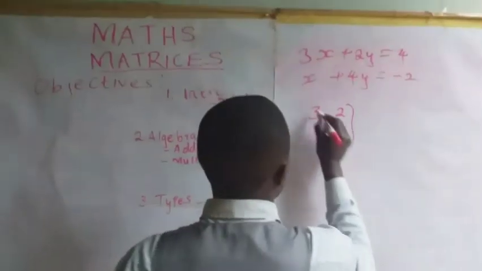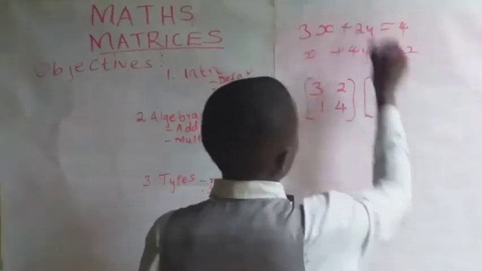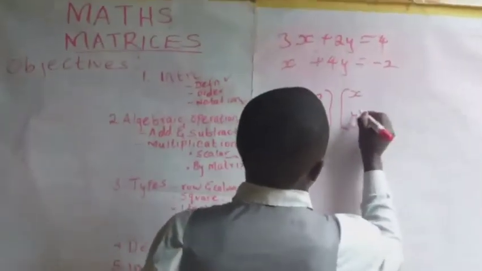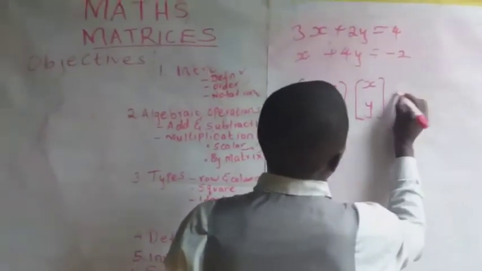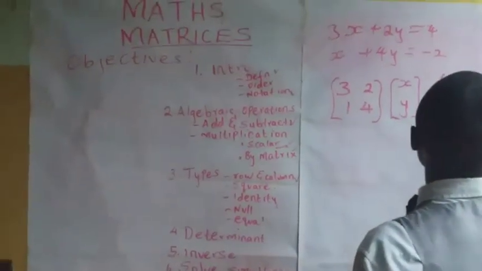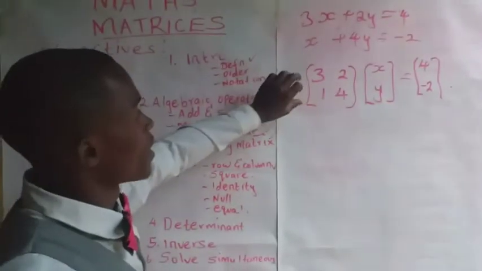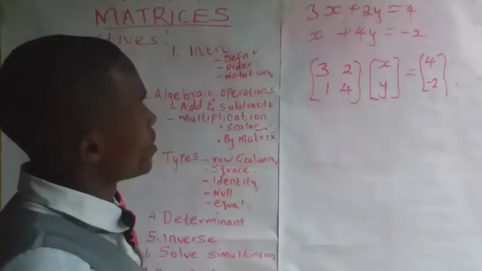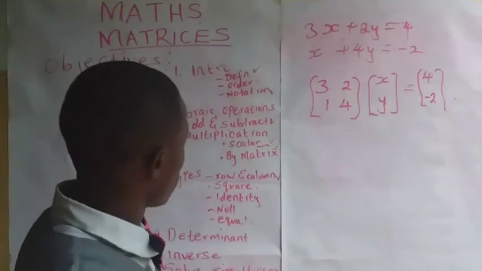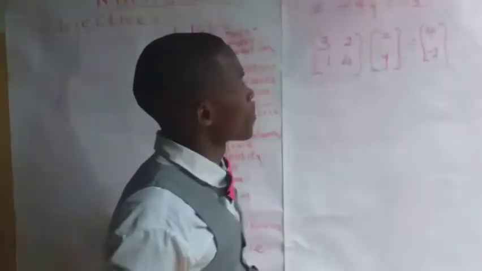That is simply how you get the coefficient matrix. Then you get the constant matrix, which is that. That is how you arrange this to easily find the solution of a simultaneous equation. After doing this, what do we do next?